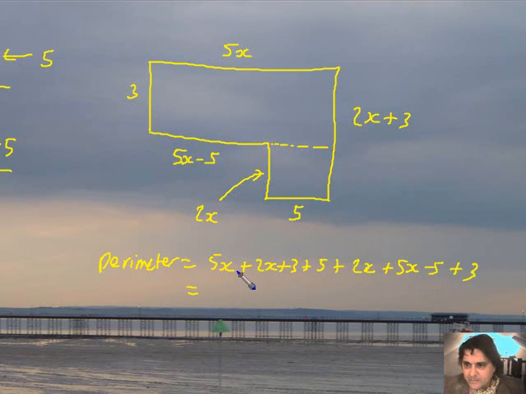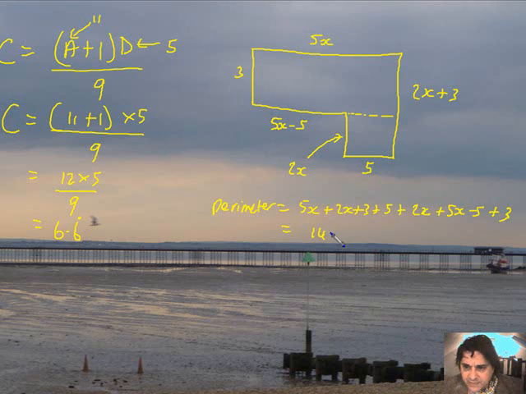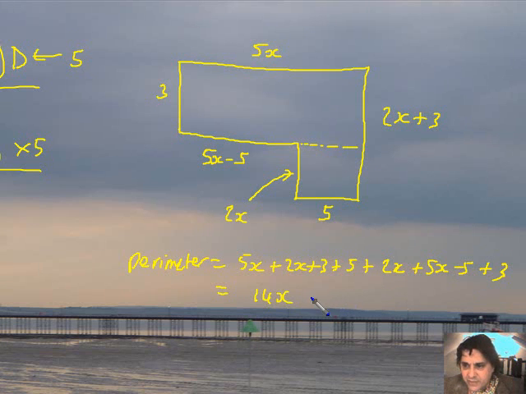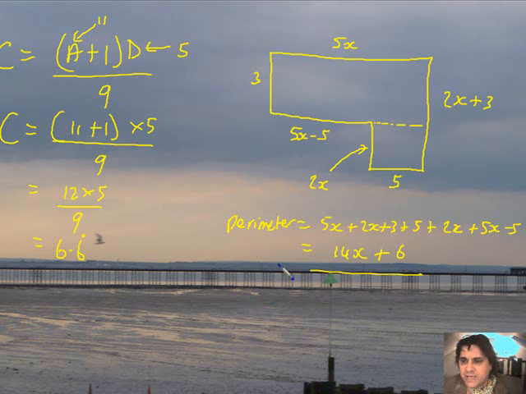Let's just simplify. I've got 5x, 7x, 9x plus 5x, that's going to be 14 x's altogether. 3 plus 5 is 8. 8 take away 5 is 3, and 3 plus 3 is 6. So you haven't made a mistake. The perimeter is 14 x's plus 6.